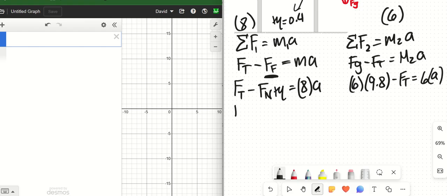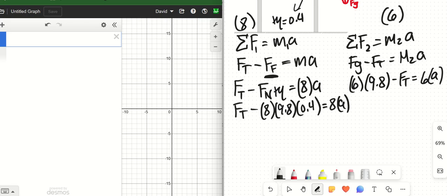Okay, so on this one we have force of tension minus my normal force, which is my mass times gravity, so this is going to be 8 times 9.8 multiplied with 0.4, which is going to equal 8 times A.